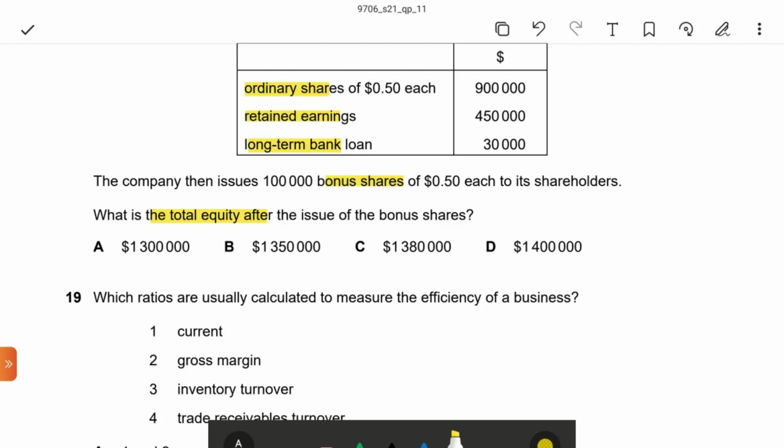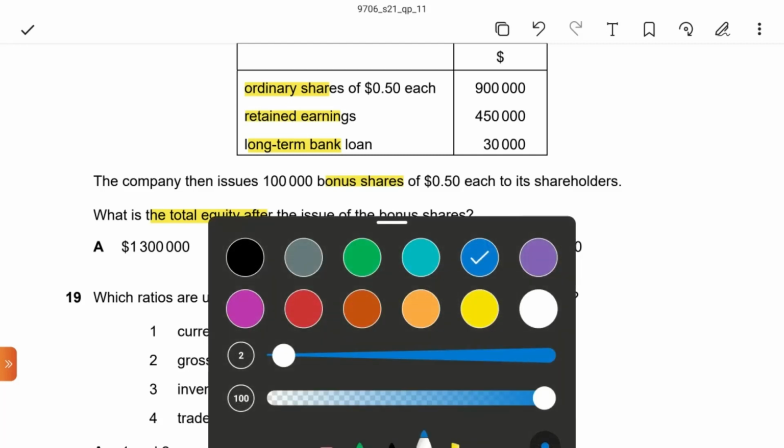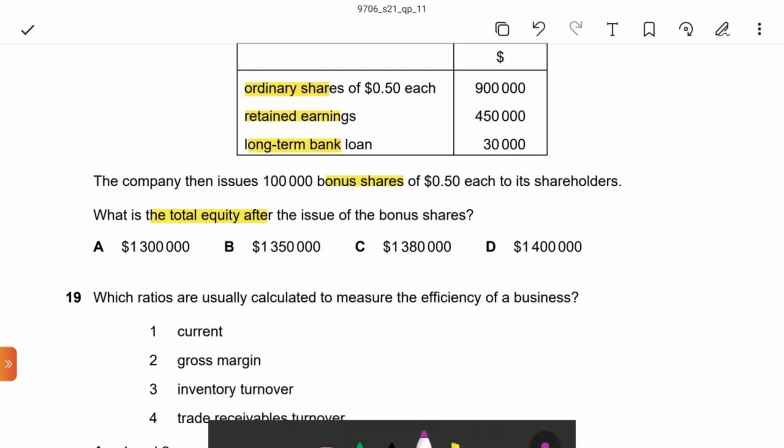The company issues 1 lakh bonus shares, so the capital will increase by 100,000.